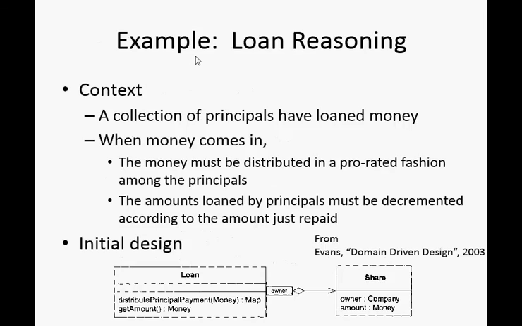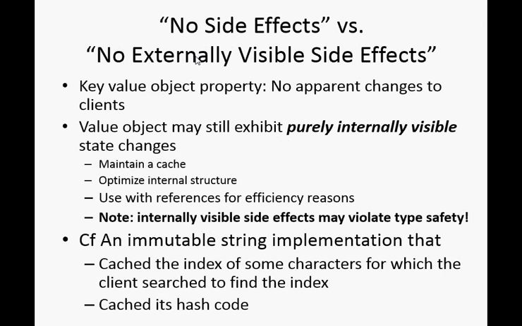I think this is all we have time to really cover. I will just say, be cautious when we talk about value objects, about what we mean. I use the term immutable object, and that term is a little bit of a fiction. What it really means is there are no externally visible side effects. Internally, this object might be modified.